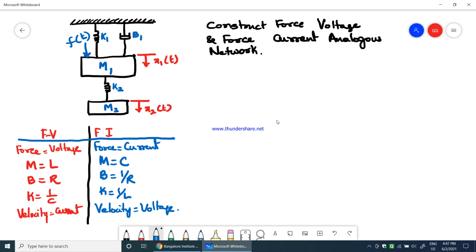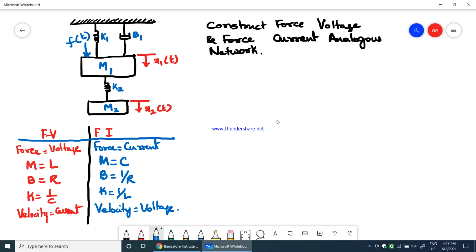Similarly, for the force current analogous network, force is equal to current, mass is equal to capacitance, friction B is equal to reciprocal of resistance, spring K is equal to reciprocal of the inductance, whereas velocity is equal to voltage. These are the basic things you need. You can make a table like this at the left hand side of your sheet, so that you can use it and write the equations without making any mistakes.